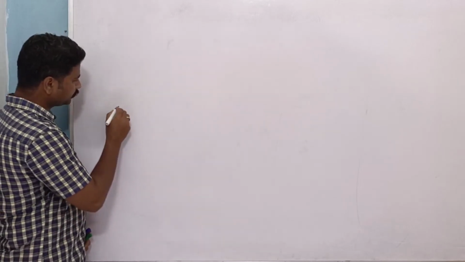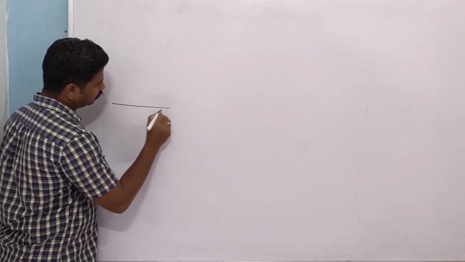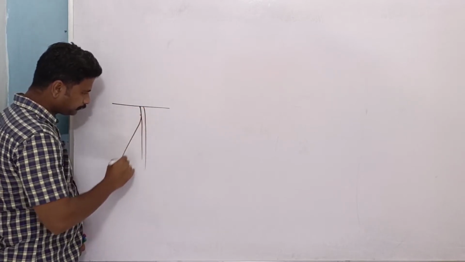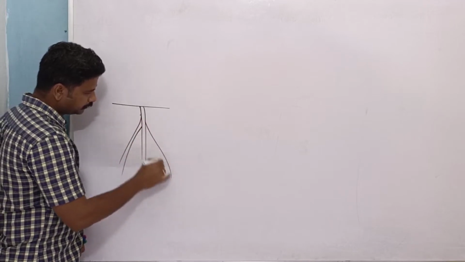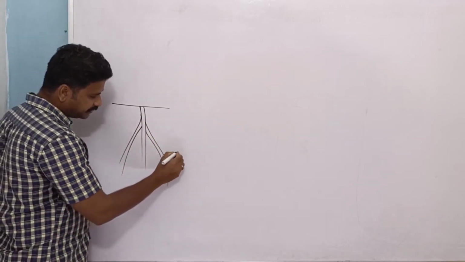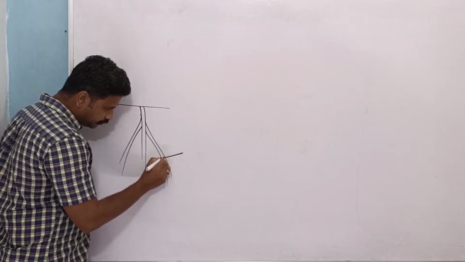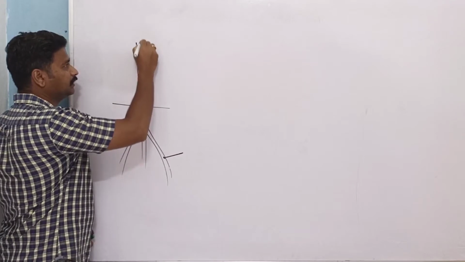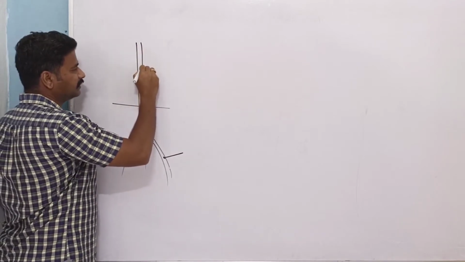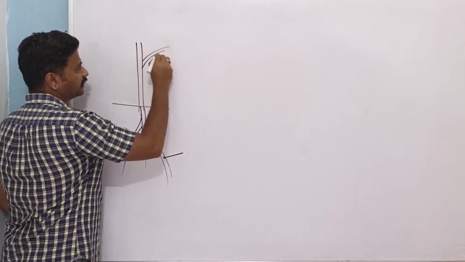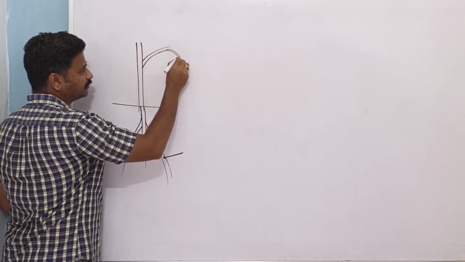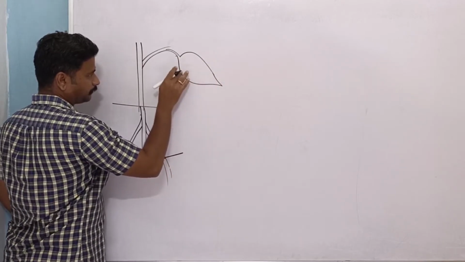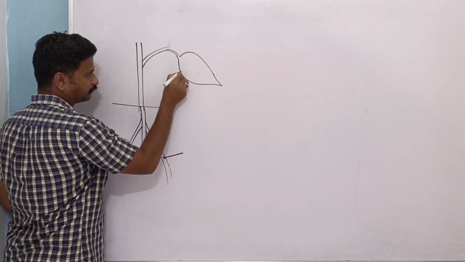So if suppose this is a ground level and this is a root system, so firstly the water will get absorbed into the root and then the water will ascend in the shoot system and then into the branches, and from branches it will get transferred to the leaf up to the stomata.